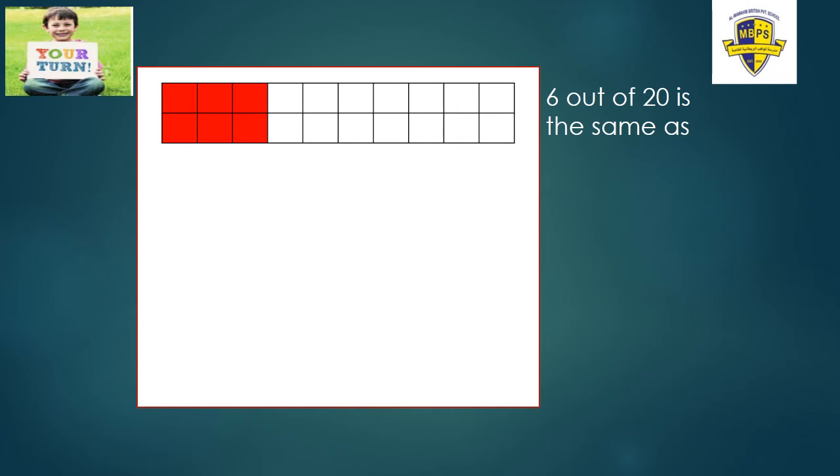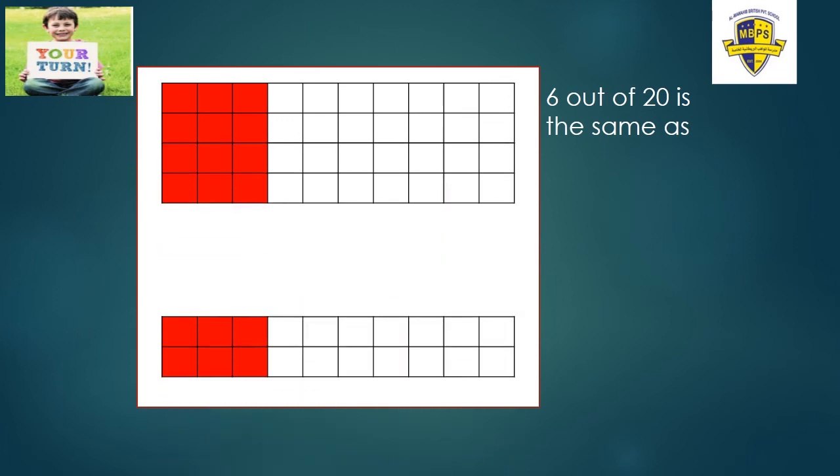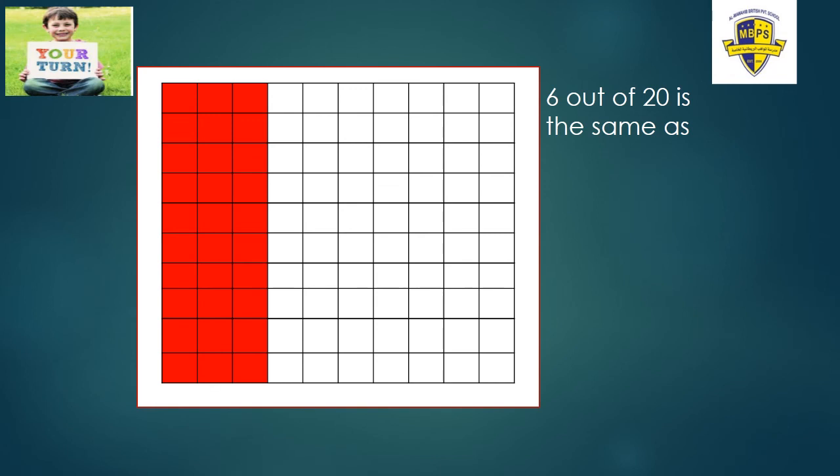Good job. 20 multiplied by 5. So multiply 6 by 5 and 20 by 5. This gives us 30 out of 100. Excellent. Or as percent, it's 30%. Good job.